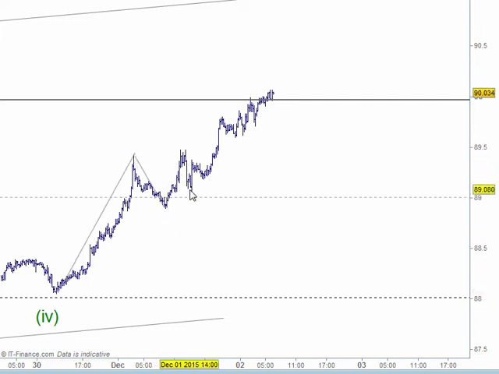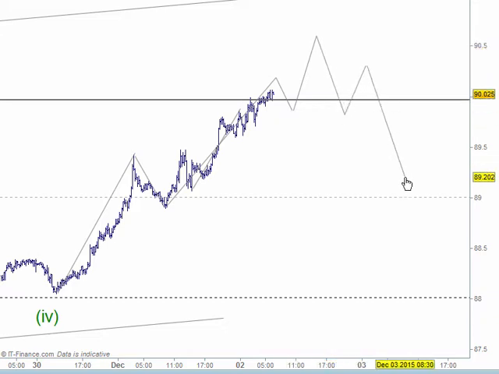We've got 1 and 2, 1, 2, 3, 4, 5 for the third here, fourth. So we've got 1, 2, 3, 4, 5. So we're very close to the top of the third here. So there'll be a third wave coming here, fourth wave, and a fifth wave here. And then we'll get an A and a B and a C correction from that point there. So 1, 2, 3, 4, and 5 here.